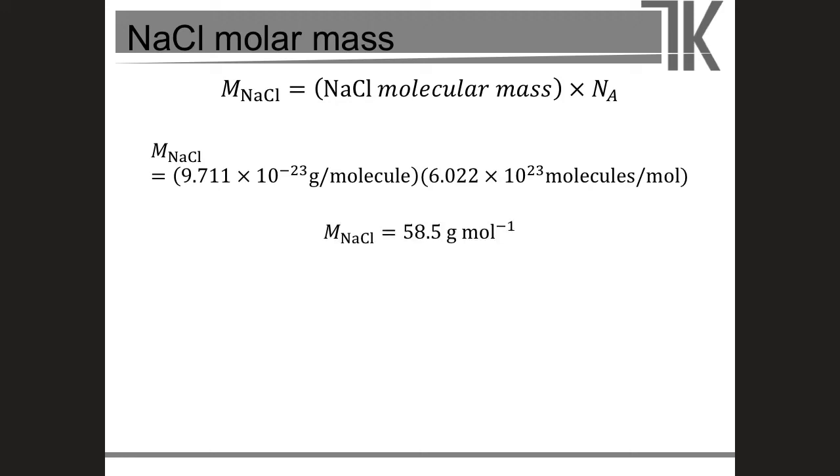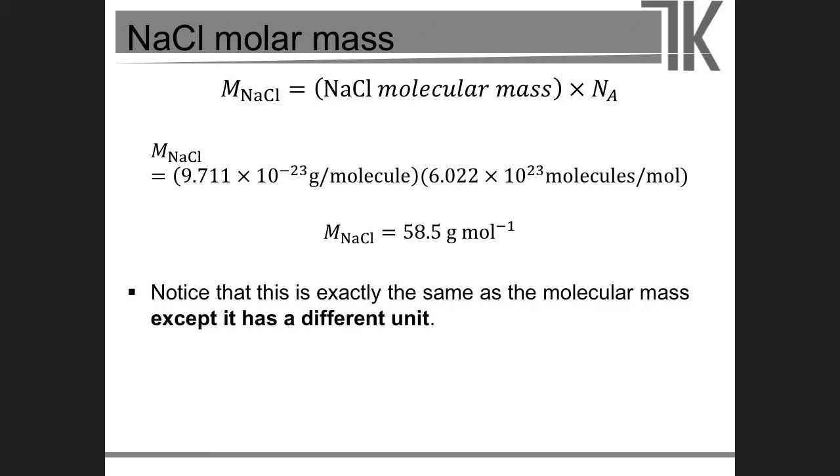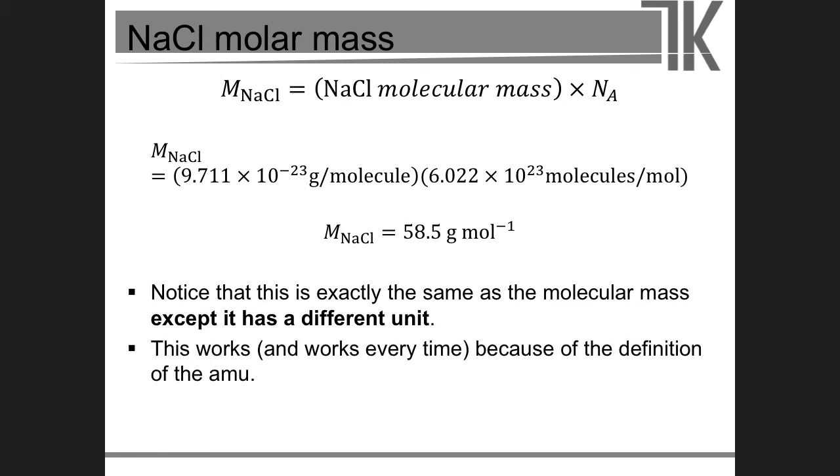Plugging that into our equation gives us an answer of 58.5 grams per mole. Now, notice that this is exactly the same as our molecular mass, except it has a different unit. Our molecular mass was 58.5 atomic mass units, and our molar mass is 58.5 grams per mole. And this works every single time because of the definition of the atomic mass unit.